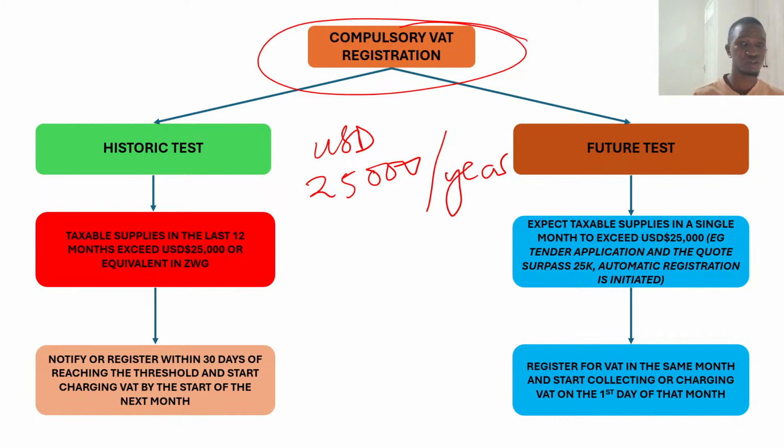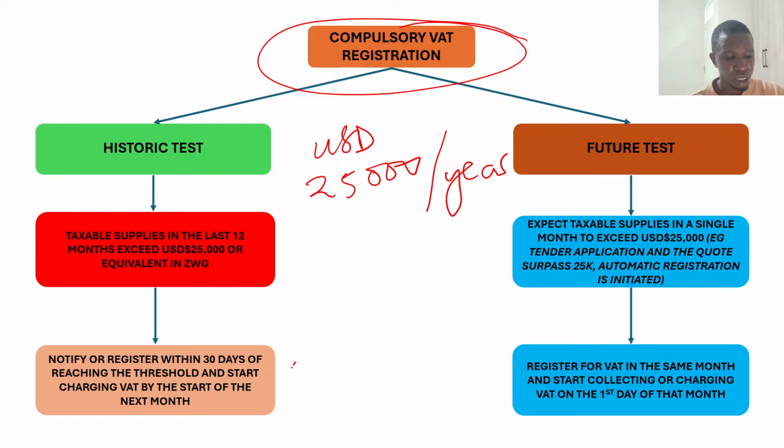On registration for VAT, there is a historic test and also a future test. By historic test we mean that your taxable supplies in the last 12 months exceed 25,000. So you need to notify or register within 30 days of reaching the threshold and start charging VAT the next month.